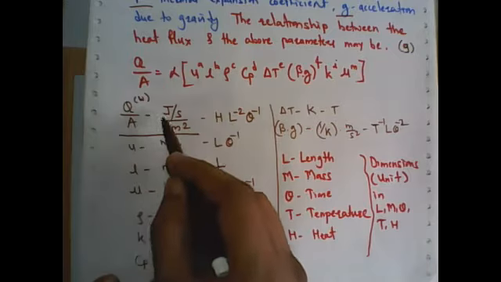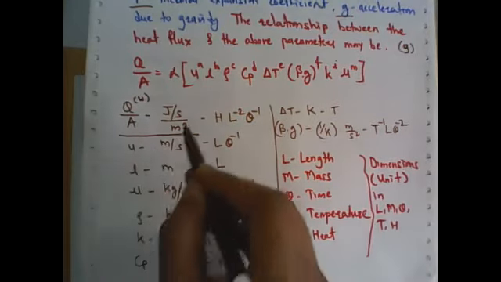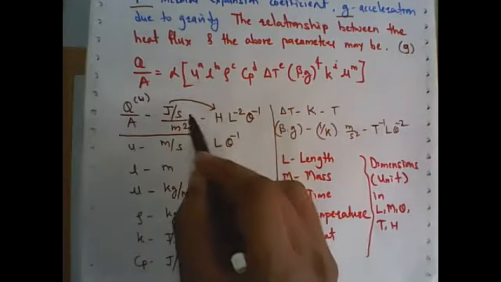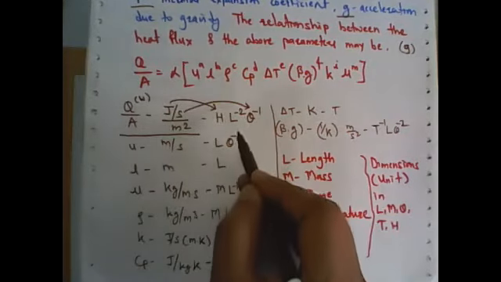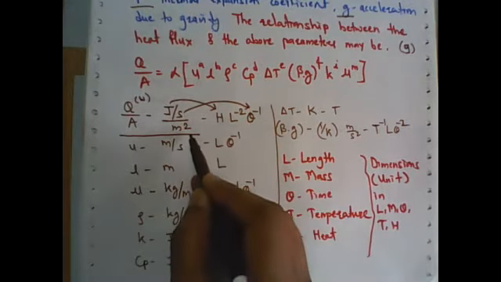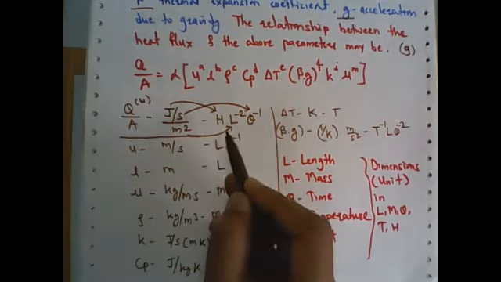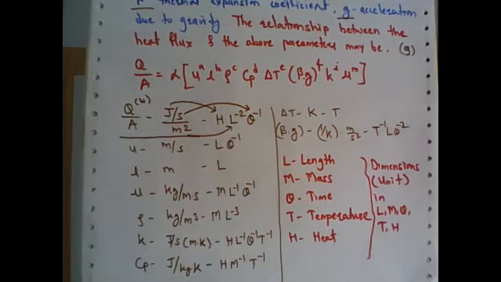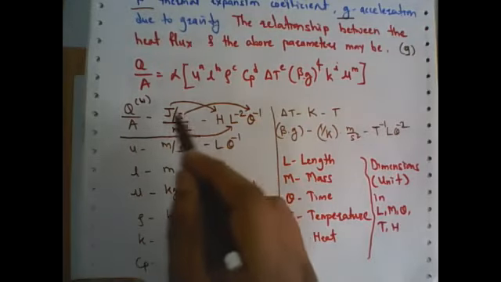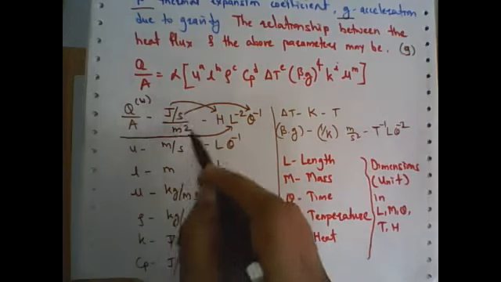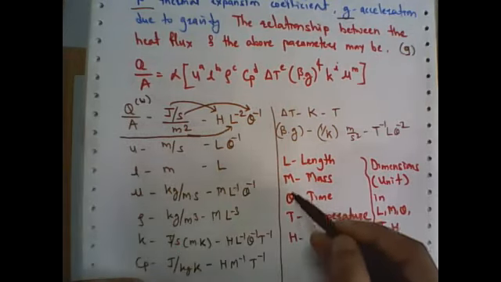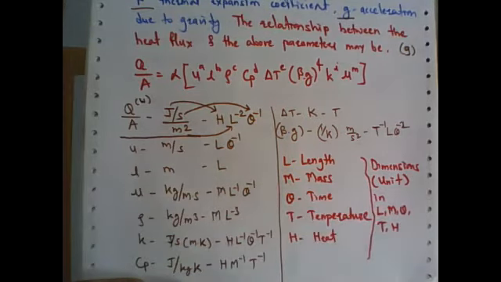So this joule indicates H, this per second indicates theta raised to -1, and this per meter square indicates length raised to -2, right? So we must know the units of each and every term, and on the basis of these units we can convert these units in terms of this L, M, theta, T and H terms, right?